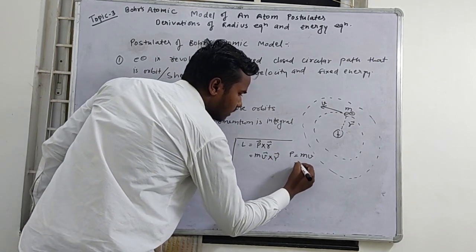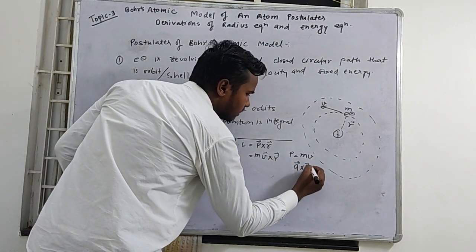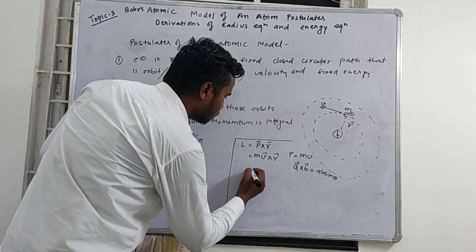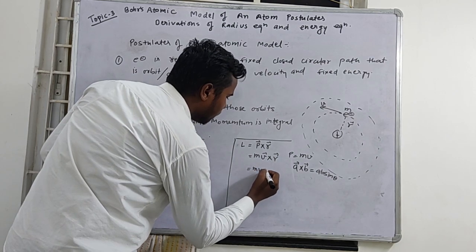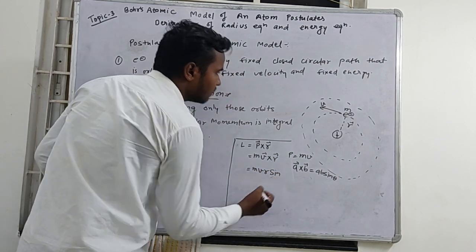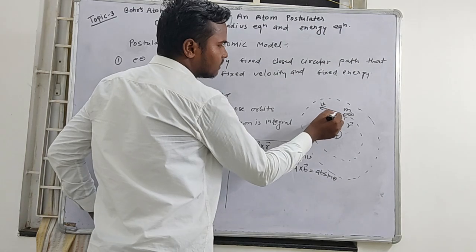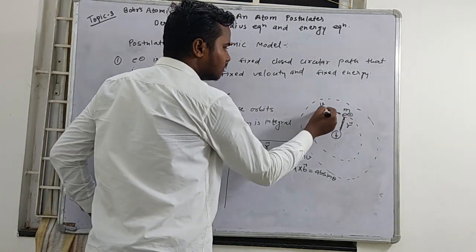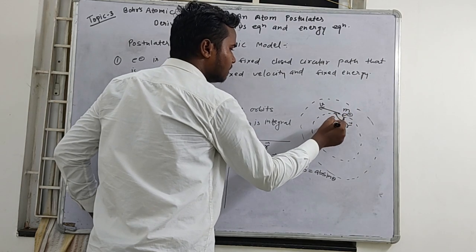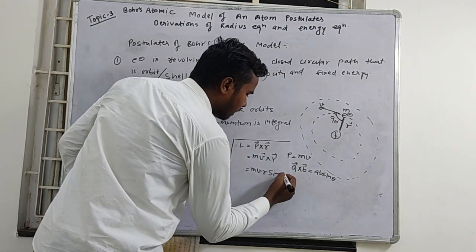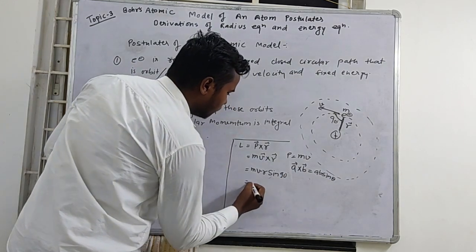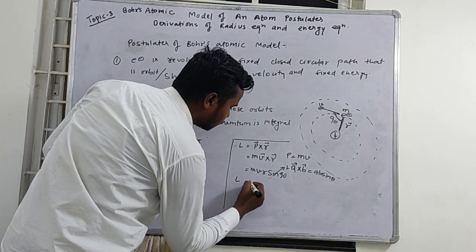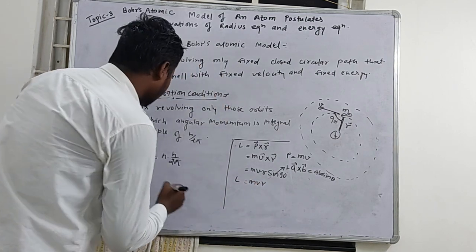We know that A cross B vector equals AB sin theta, so mvr sin theta. What is theta? Theta is the angle between the v vector and the r vector. This is the r vector and this is the v vector, so theta will be 90 degrees. So mvr sin 90, and sin 90 value is 1. So L is equal to mvr.